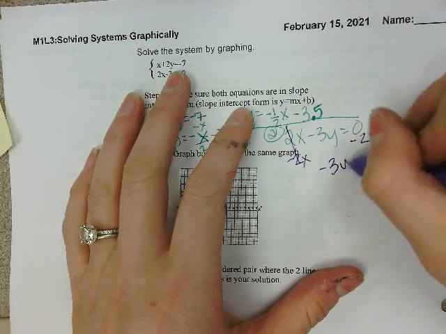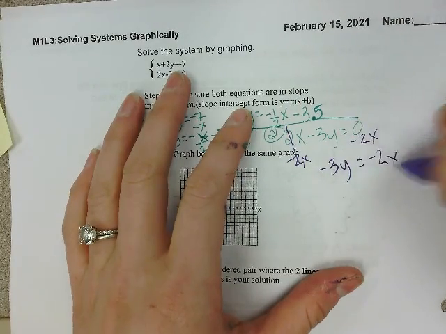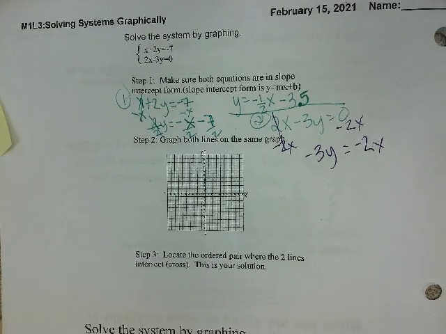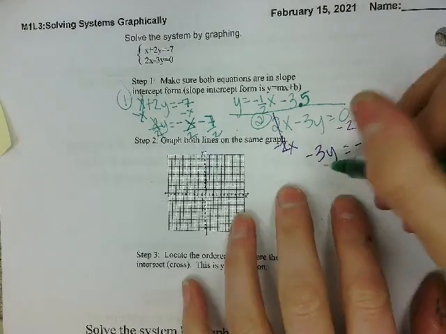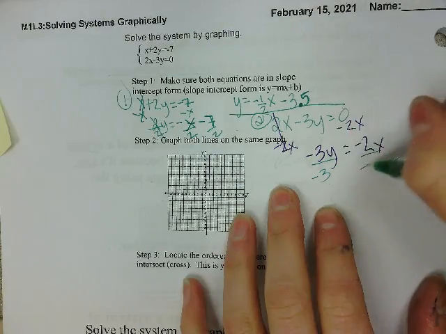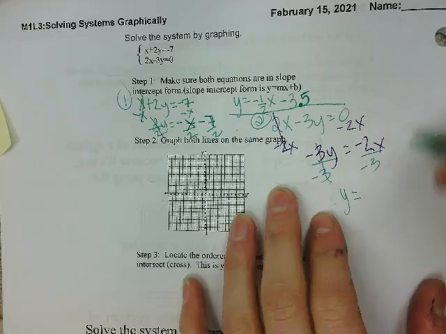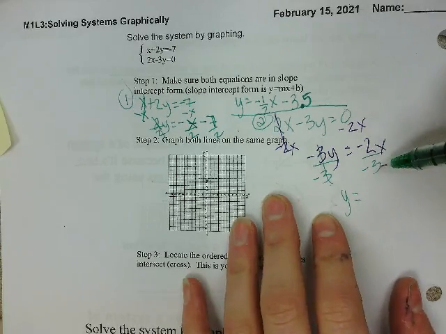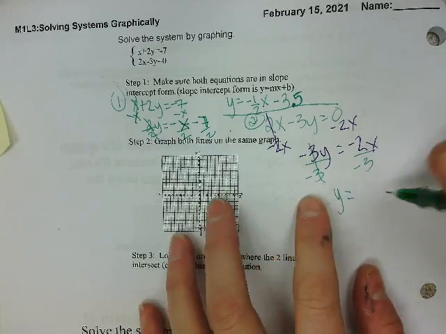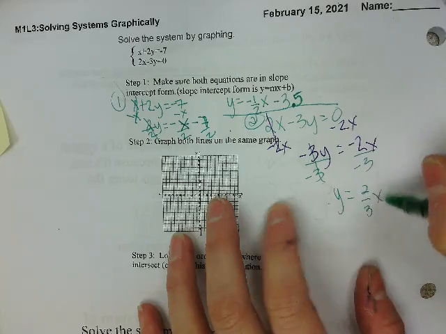So negative 3y equals negative 2x. I do not need to write the plus 0. Okay, and then what's my last step? Divide by negative 3. All right, what happens when I have a negative and a negative? It becomes a positive, so it's 2/3 x.